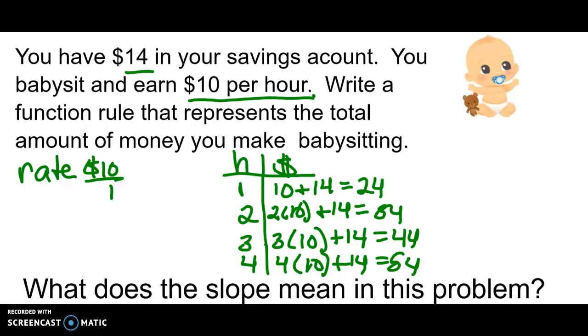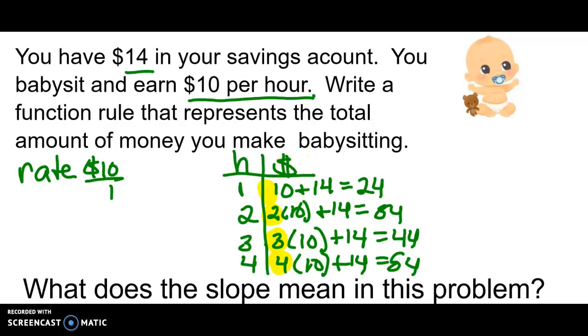So from looking at this table now, we can go ahead and create our linear function, or our function rule. And that's by looking at what's changing. So if I look here, I can see that we just have 1, and then we have 2, 3, 4.